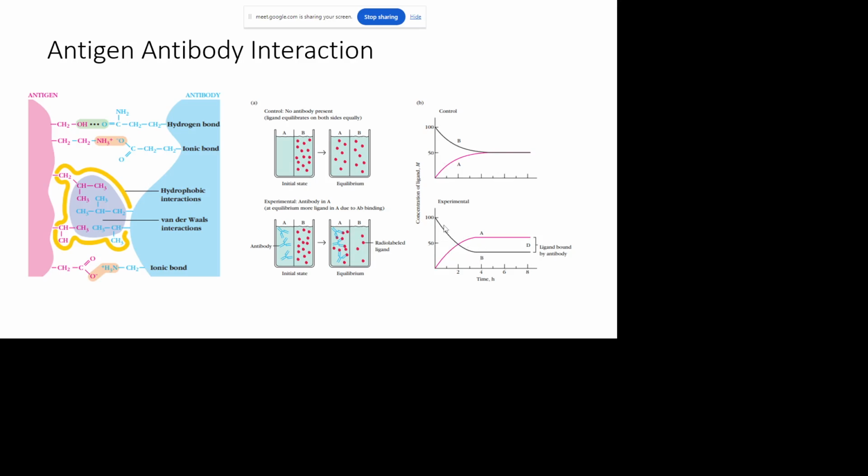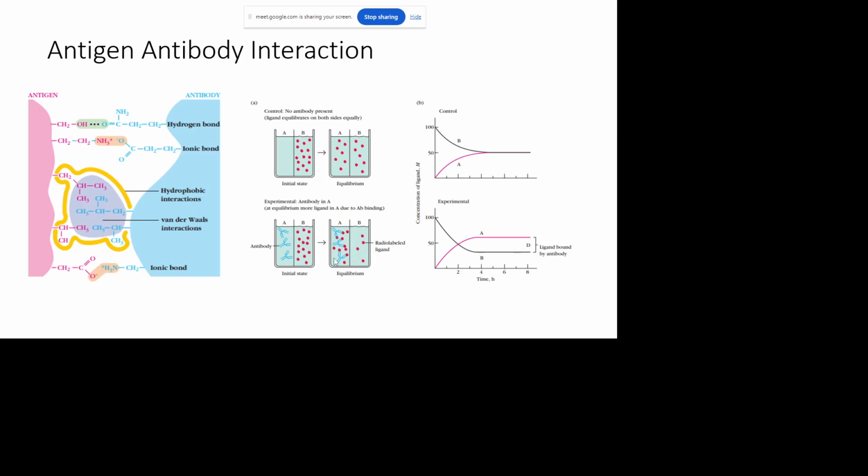Rather, in equilibrium there will be a difference between the antigen concentration in compartment A and compartment B. So that difference is known as the concentration of the ligand which is bound by antibody. Here ligand is nothing but antigen. So this difference is the amount of antigen that is bound by antibody.